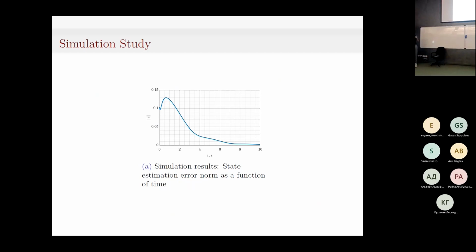For complexity reasons, we decided to put only the norm here, not all 4 nodes. And as you can see, our state space observer in Luenberger form converges to 0, thus our control was applied correctly, and we achieved a good observer design.